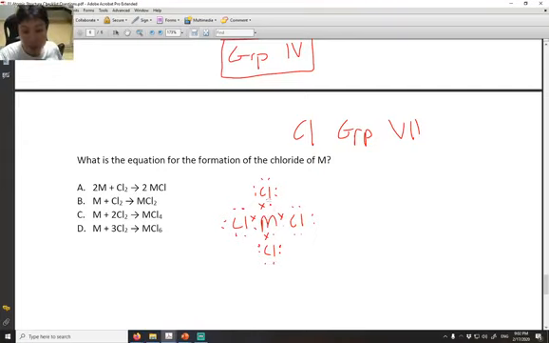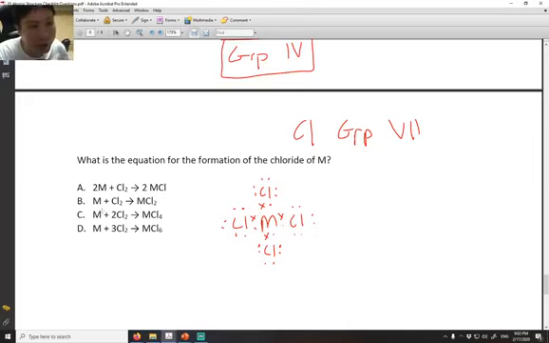M has 4 valence electrons, the 4 crosses, and it shares 1 electron with each of the chlorines, so 1, 2, 3, 4. If you count the number of electrons in the outer shell of M, it will be 1, 2, 3, 4, 5, 6, 7, 8, just a stable octet configuration, and hence it will actually form MCl4.